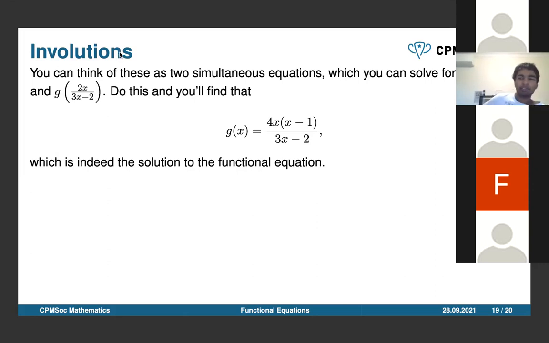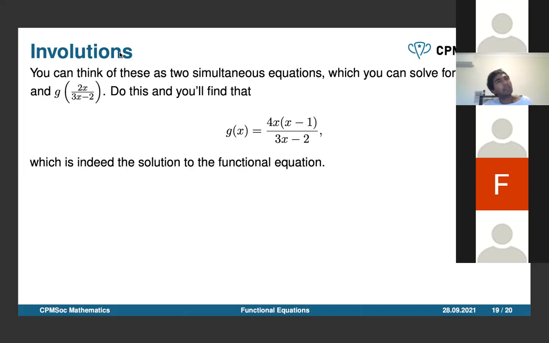So x is related to 2x over 3x minus 2, and you can try to get a chain of relations. If you keep substituting the new expression back into the original expression, you can get a lot of equations, and if you're lucky, it can be eventually periodic, so you eventually get back to x.